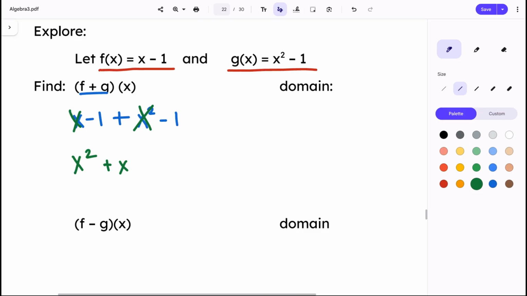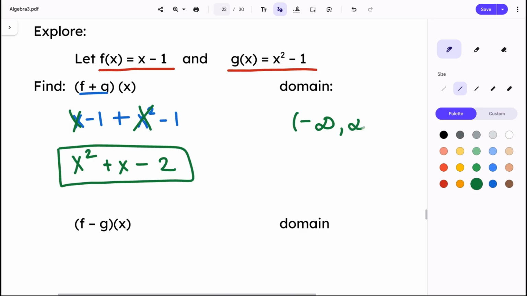What do you get? -2. So this would be your simplified function by adding them together. And then the domain, because there's no fraction, there's no division happening here, I could put in any number I wanted for x. So there's not going to be any restrictions on my domain. I'm just going to write -infinity to positive infinity.